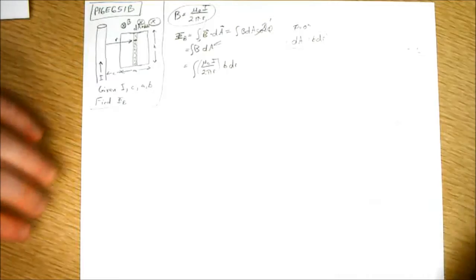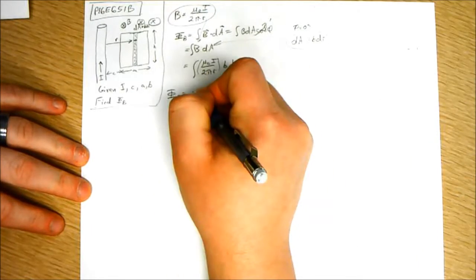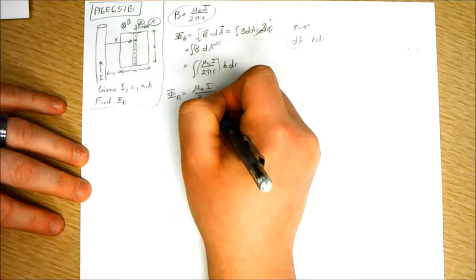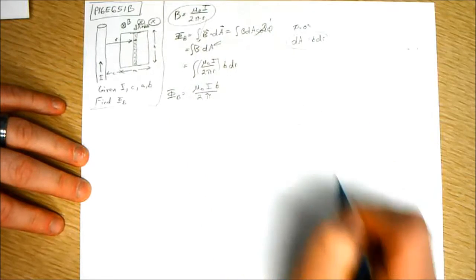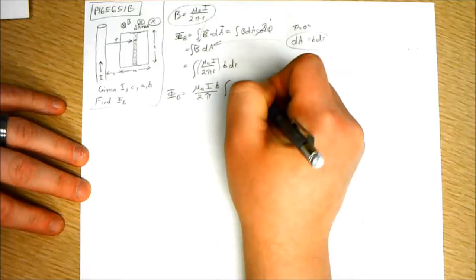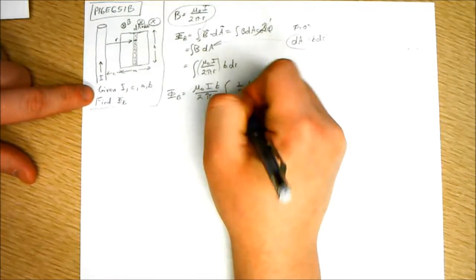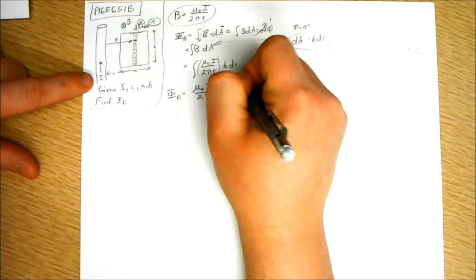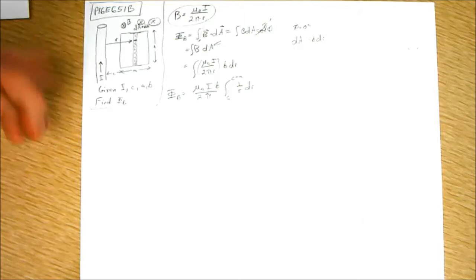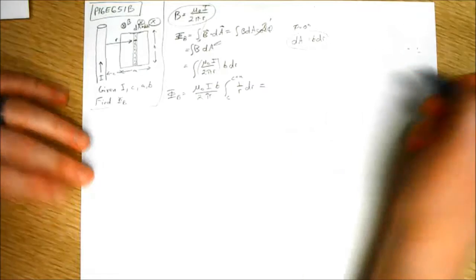So this is actually a fairly easy integral. I can pull out all the constants. Mu naught I is constant, 2 and pi are constant, and b is there as well. Pull all that out, and what I'm left with is the integral of 1 over r dr, evaluated from c, this is a distance c away from the wire, to c plus a. And we know that the integral of 1 over r is just natural log of r.